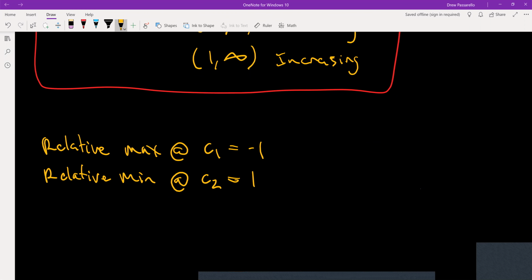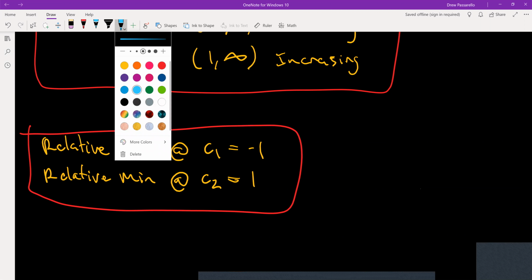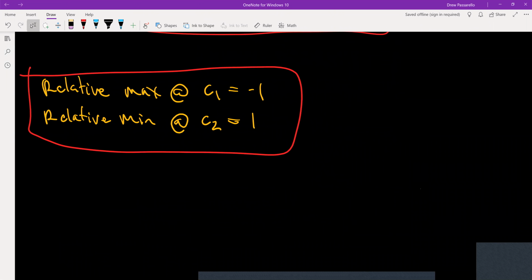Okay, so that's important, and we're finally to the last bit of this, which is to find the y-coordinates that go with each one of these. So last, find the y values that go with each min and max.